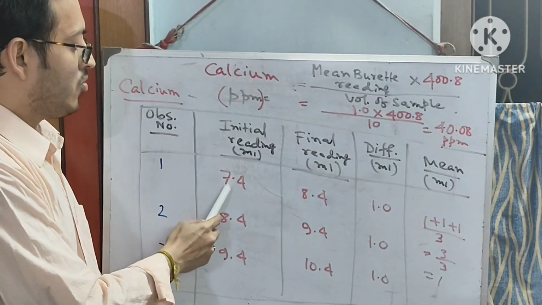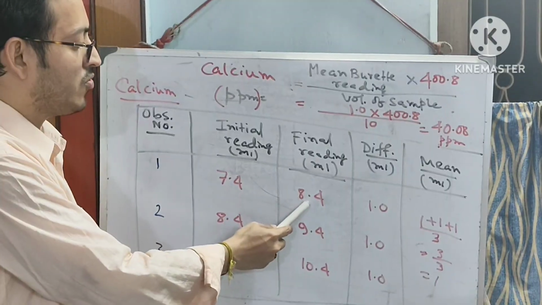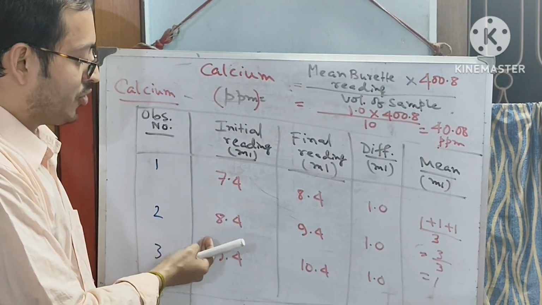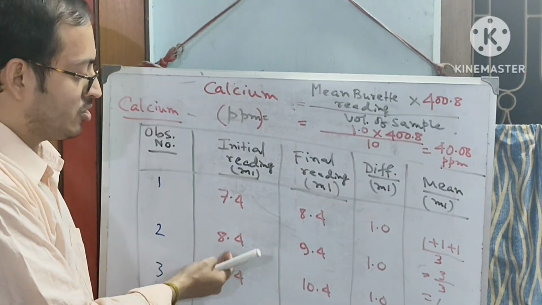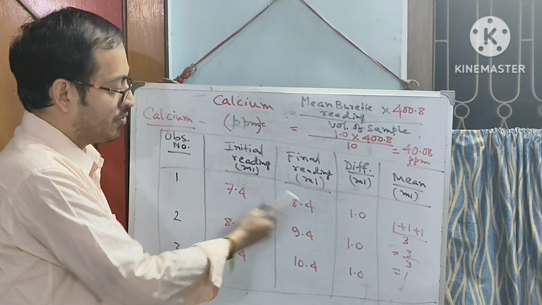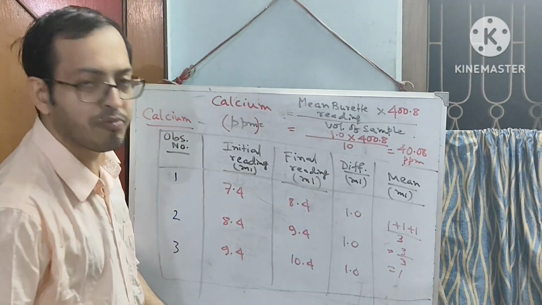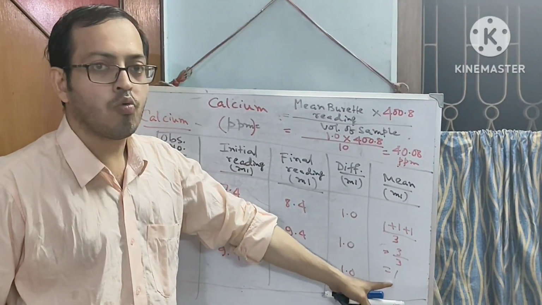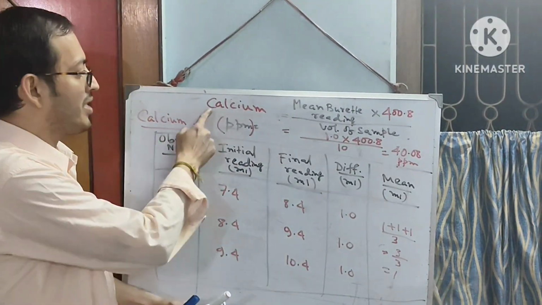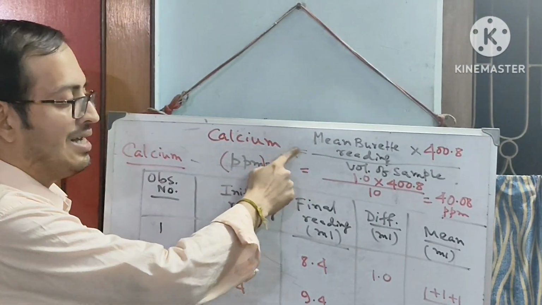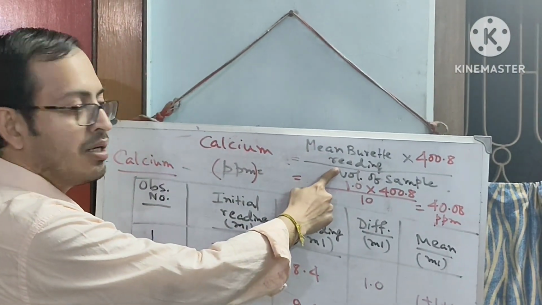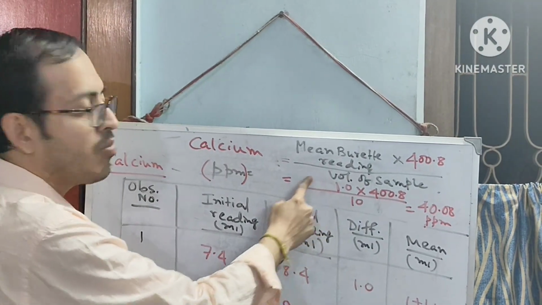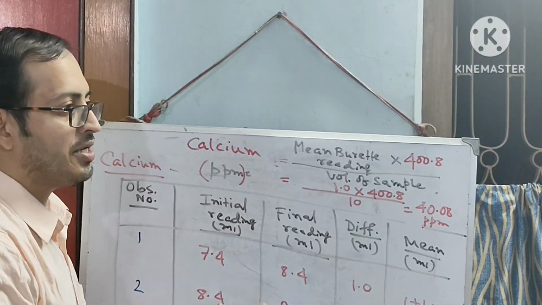The initial reading was 7.4, the final reading was 8.4, the difference was 1, and in the subsequent 2 titrations we have done similarly and got similar results, and the mean burette reading was 1. So the formula for calcium in ppm is mean burette reading into 400.8 divided by volume of sample water.